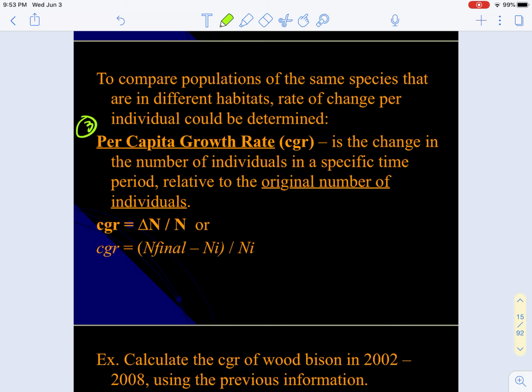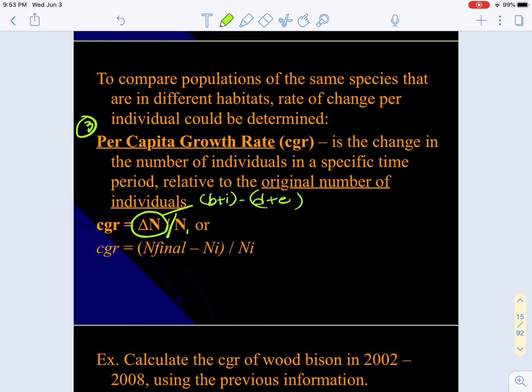So it's just another way to look at the population change, because you're comparing it to how many there used to be. So again, for change in number, you may have to do B plus I minus D plus E, births and immigration minus deaths plus emigration.